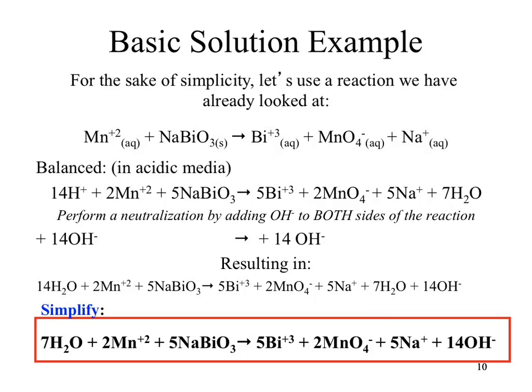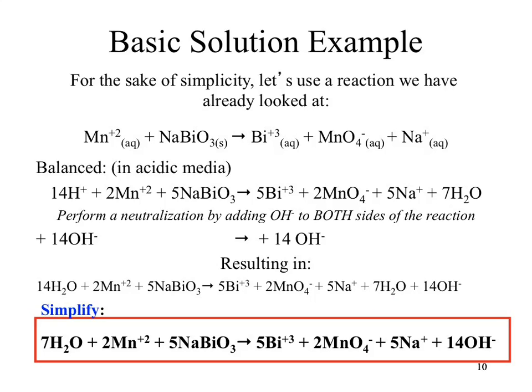Now, is this reaction occurring in an acid or base solution? Base solution. How do you know that? You see the presence of OH-. We're looking now at a basic solution. Okay?